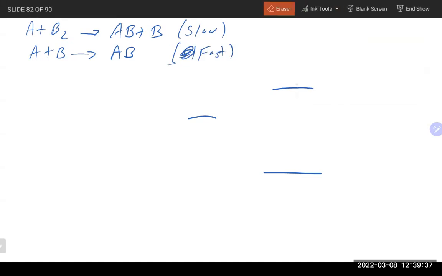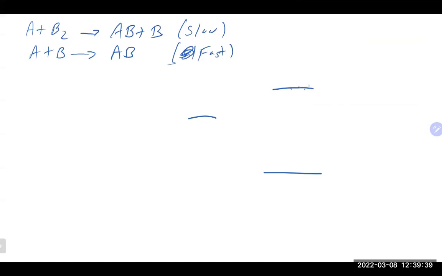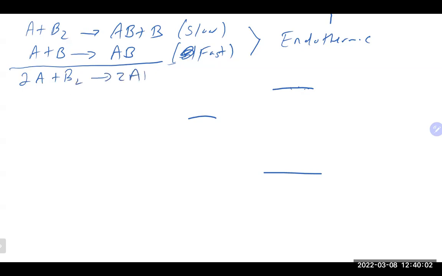Let's see here. Okay, so if we were to do this reaction, we'll call it endothermic overall, right? So the overall reaction, as we saw, was 2A plus B2 goes to 2AB.